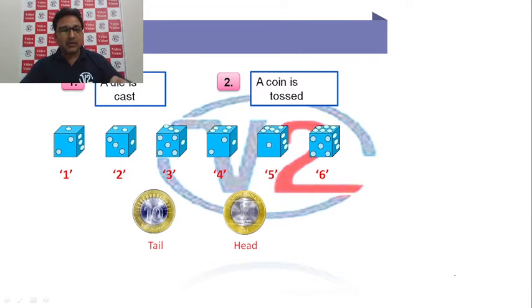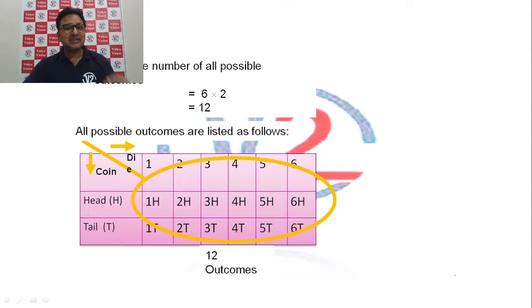Now, what is the possibility when one number comes on the die? Then we toss a coin. There are two possibilities: one is head and another is tail. So if the number 1 comes, it becomes head or tail. If 2 comes, it becomes 2 heads or 2 tails. If 3 comes on the die, then it will be 3 heads and 3 tails.